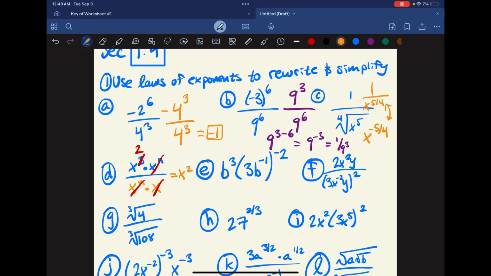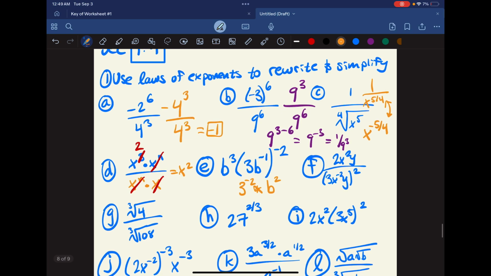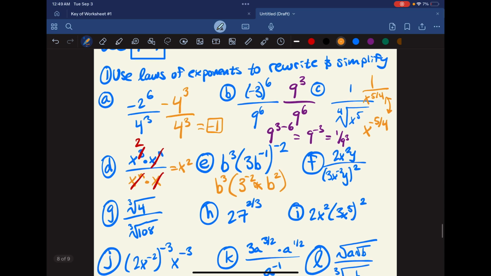So then, next up we've got this, and an exponent within the exponent is the same thing as multiplication. So this essentially becomes 3 to the negative 2 times b to the positive 2, all times b cubed.